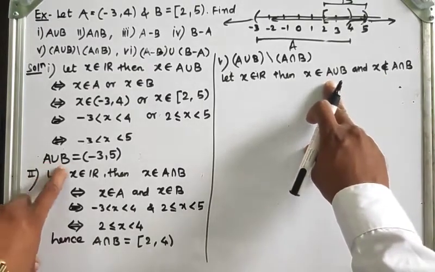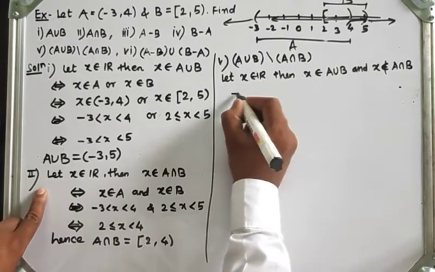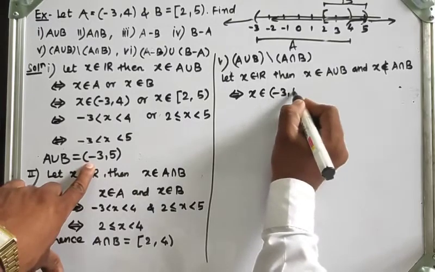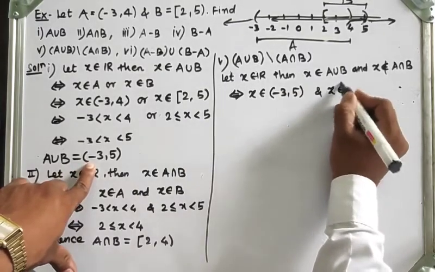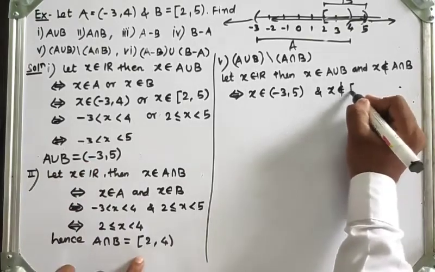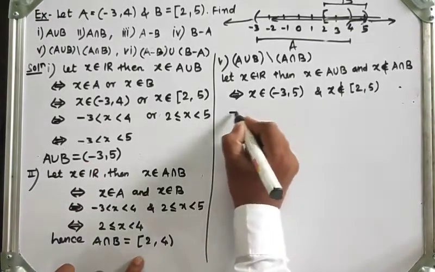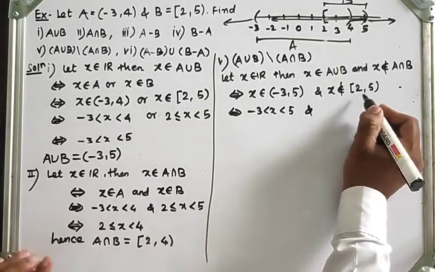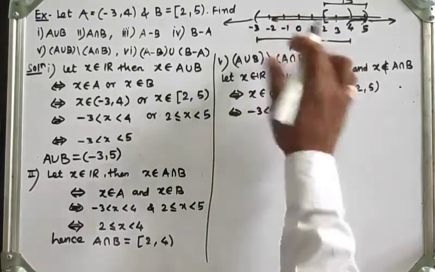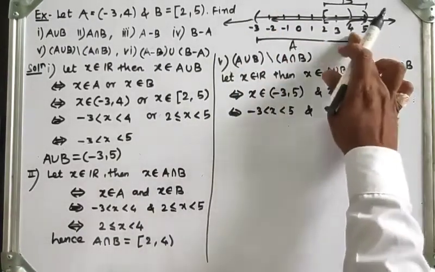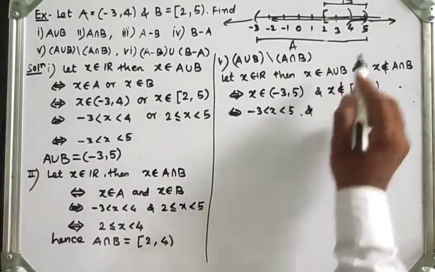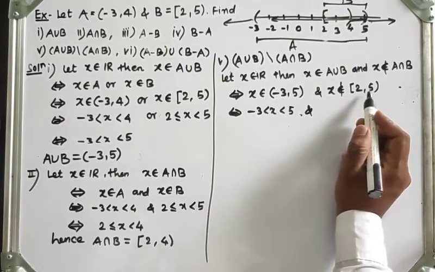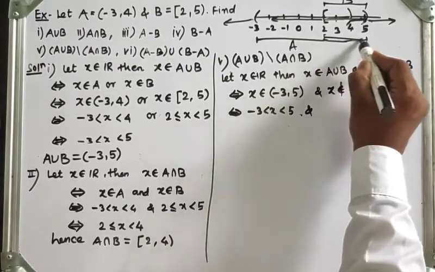What is A union B? It is -3 to 5, so -3 less than x less than 5, and x does not belong to A intersection B, which is 2 to 5.